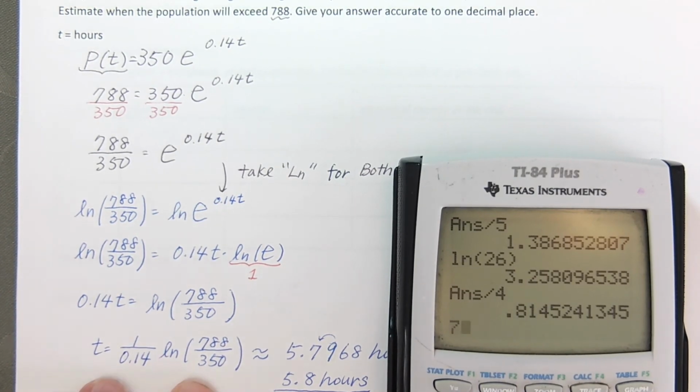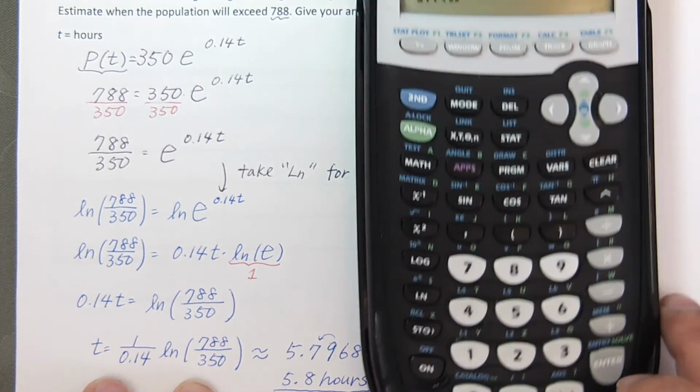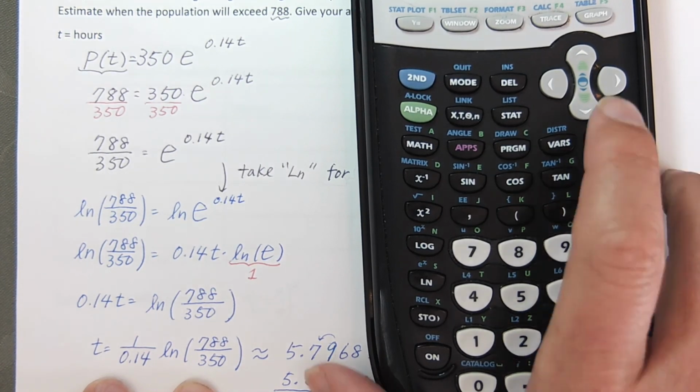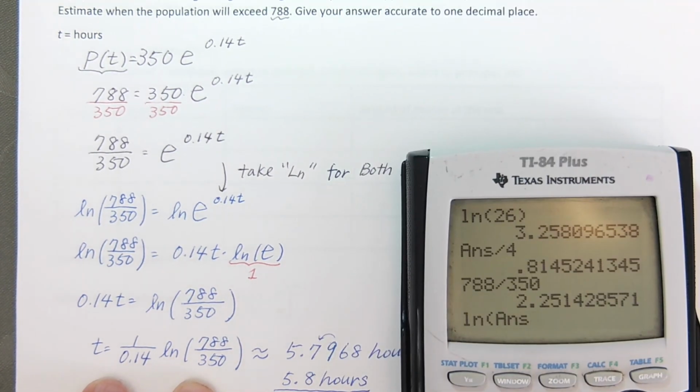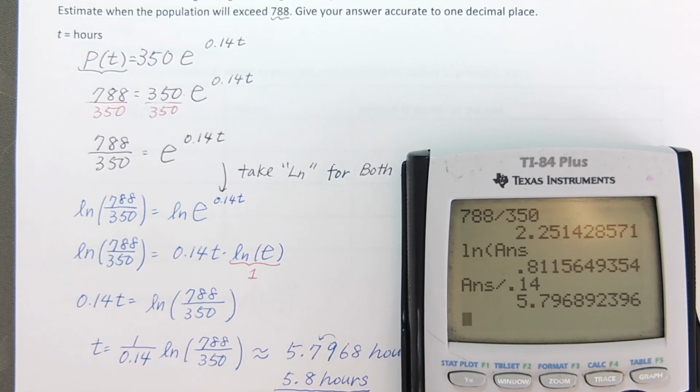So I did 788 divided by 350 equals, and I did the natural log of the previous answer. Previous answer is above the negative button there, so I hit the blue and then answer, so that's the previous answer. And then I divided the whole thing by 0.14. And you can see I got my 5.8 hours.